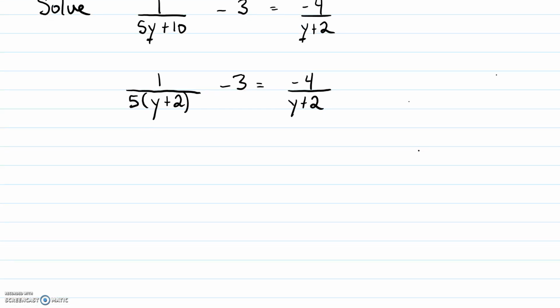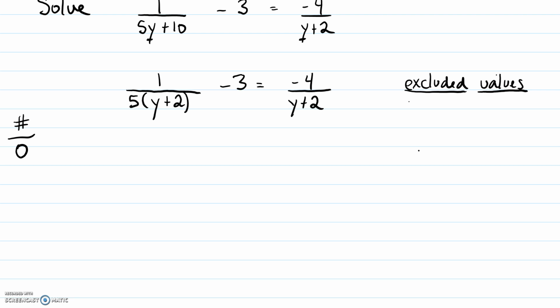But the next thing you want to do with a rational equation is find all excluded values. These are restrictions. Excluded values are values that will cause an undefined expression. You have an undefined expression whenever you have a fraction with a 0 in the denominator. So we need to find all values of y that will cause any denominator to equal 0 and exclude those from our solution.